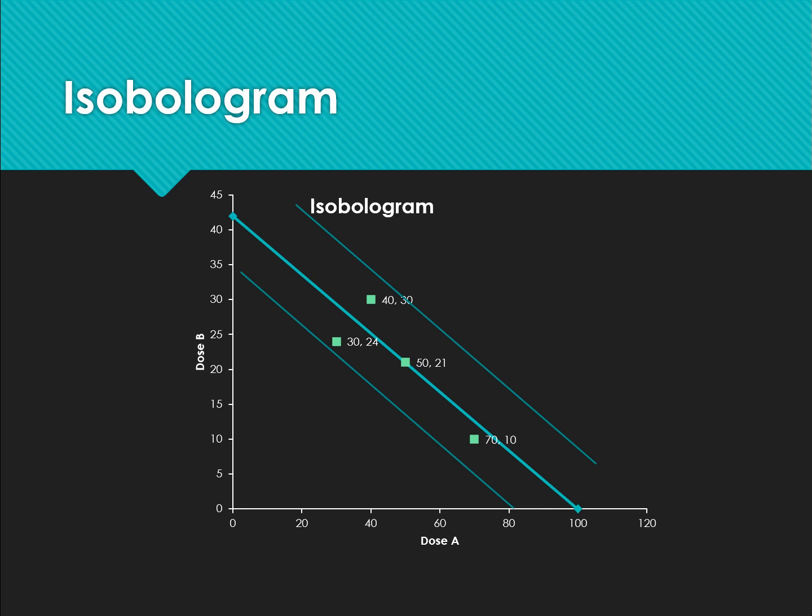So what we will do is combine different doses of the drugs such that the effect is equivalent to half of Emax. If the combination of A and B producing half of Emax falls below the thick line, then that combination is synergistic.